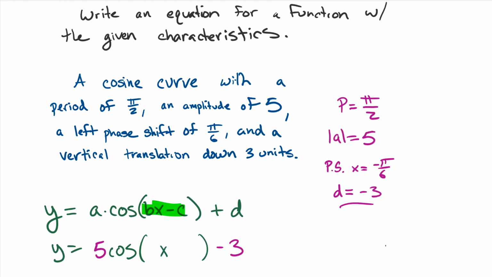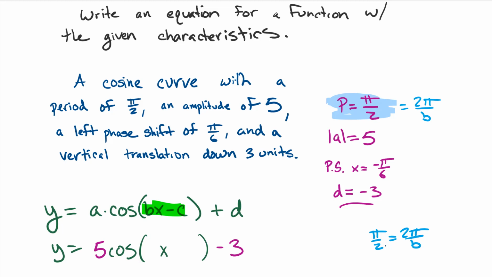Well, let's start with the period, right? We got the period. I think this might get us a variable. So what's the period equal to? Isn't that equal to 2 pi over b? So why don't we just solve for b? Let's set that up. So pi over 2 is equal to 2 pi over b. Remember cross multiplication?